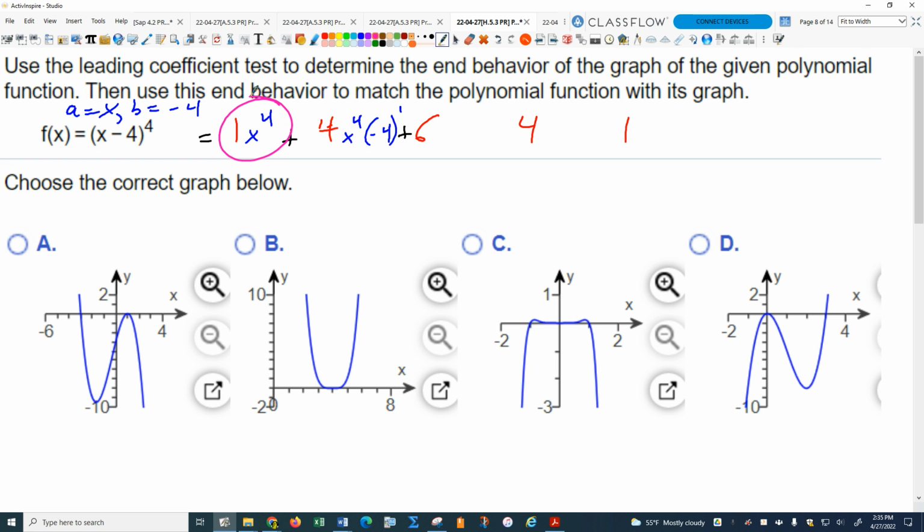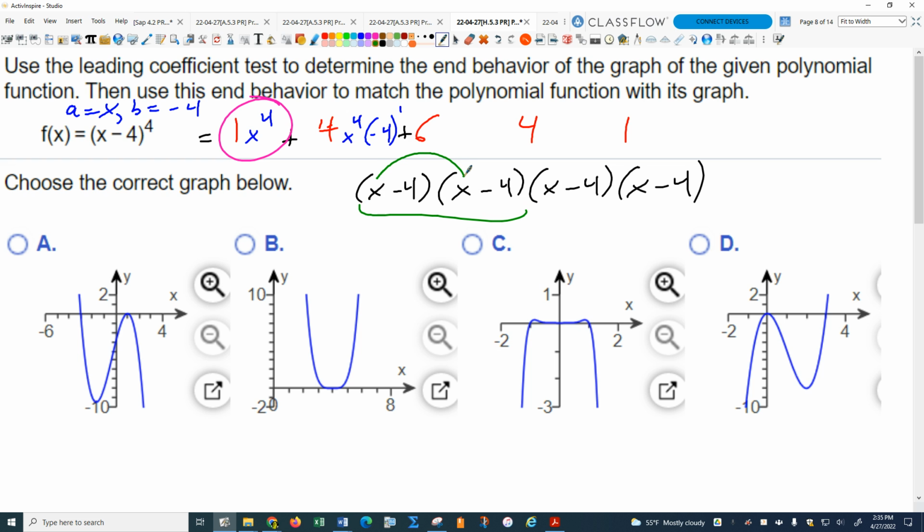The other way maybe you could think about that is if we wrote it this way. I just want to do this once, just so you make sure everybody is thinking about this in a convenient way. There's x minus 4 to the 4th, right? If I were going to expand this whole thing out, well, when I do my distribution for the first two, the very first thing I distribute is x times x.